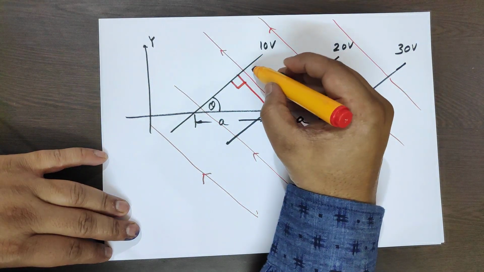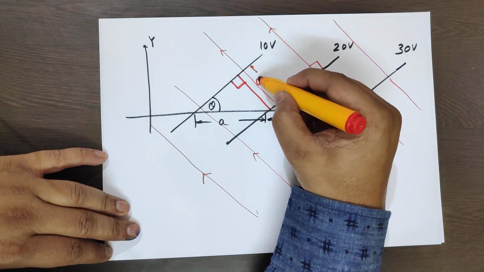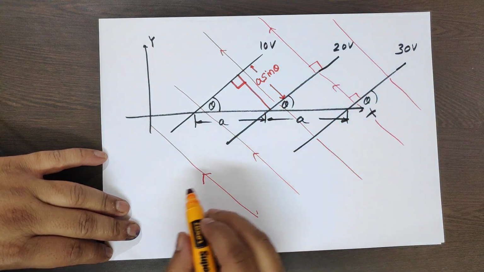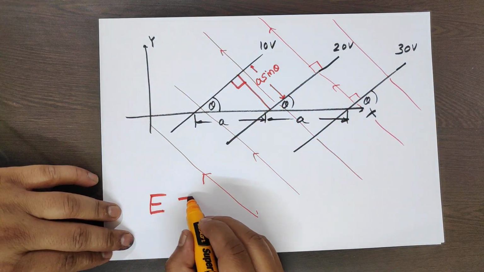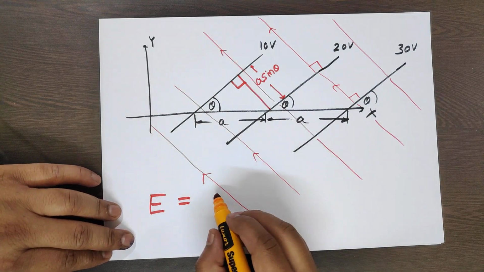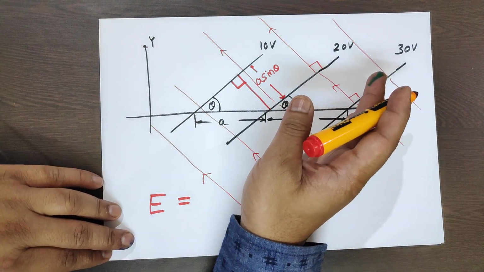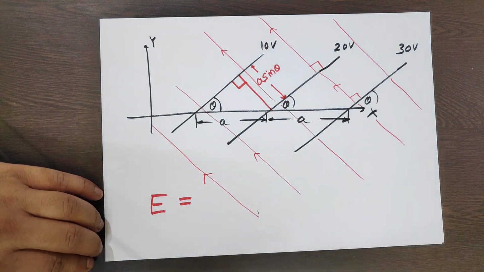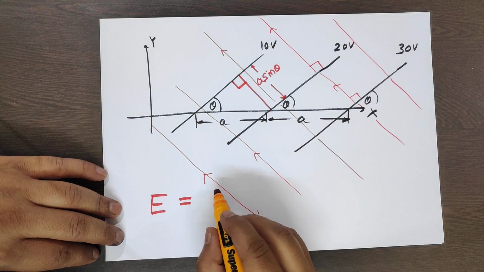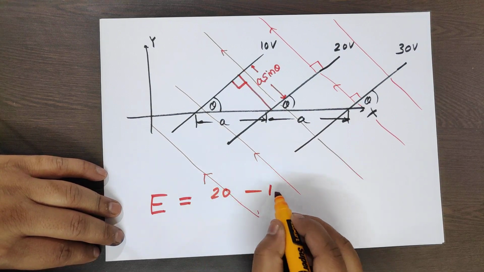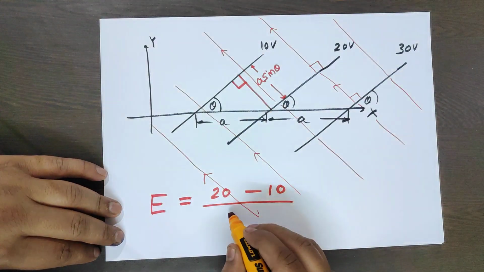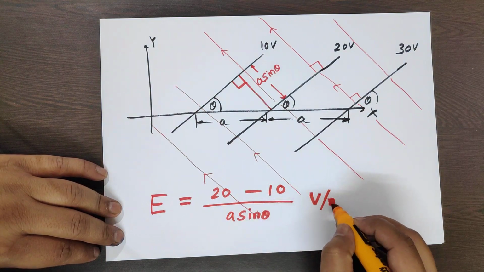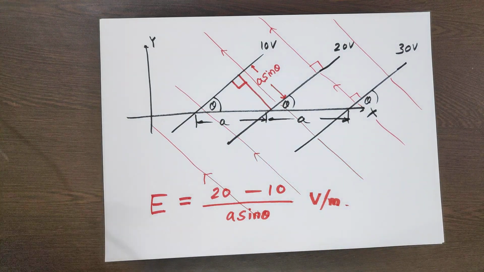That's a sine theta, right. This much distance is a sine theta. So the field is uniform electric field, obviously, else the equipotential surfaces would not have been planes. So E equals 20 minus 10 divided by this distance a sine theta, whatever it is, and the values will be given in volt per meter or Newton per coulomb. This is how you calculate.